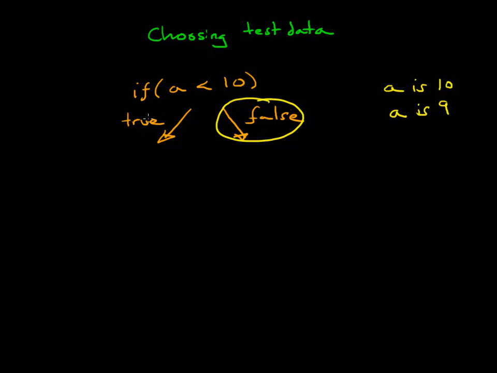So A is less than 10, and the 9 will check that for us. So there's at least two tests we want to do, and we change the value of A to 9 and 10 and test to see that each of the paths through our program work correctly. This type of test, because it's right on the border of where it will switch the two paths, assuming that's an integer, we call it a borderline test.